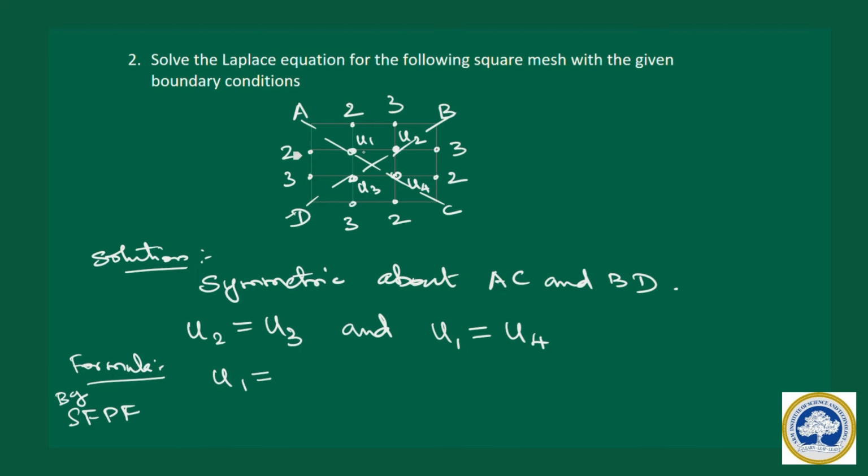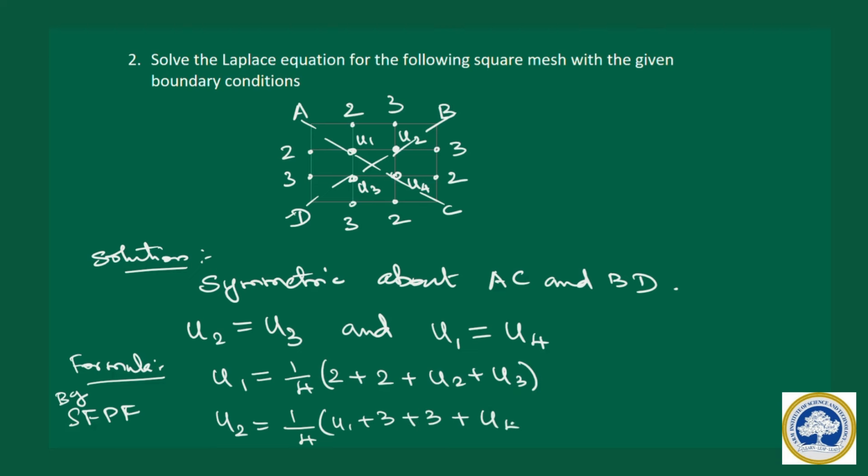U1 is equal to 1 by 4 into the values lying horizontally, that is 2 plus 2 plus U2 plus U3. Similarly, U2 is 1 by 4 into U1 plus 3 plus 3 plus U4.